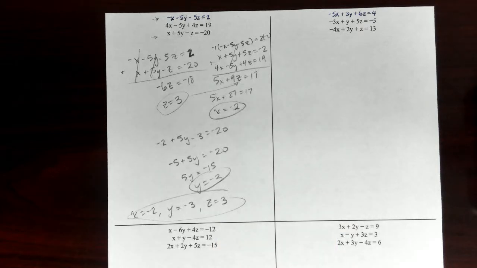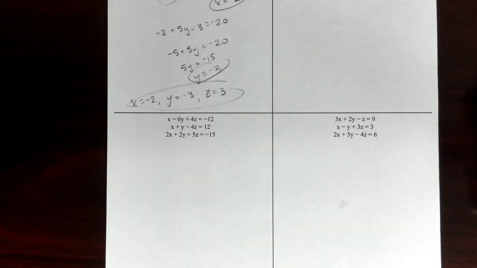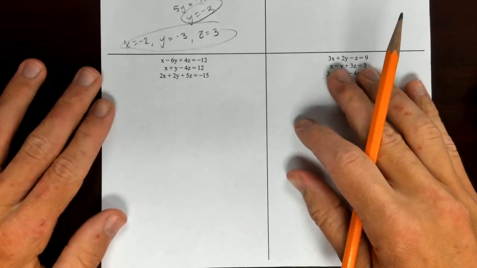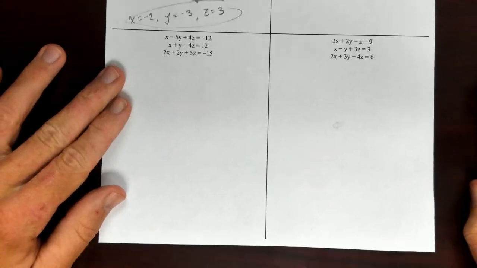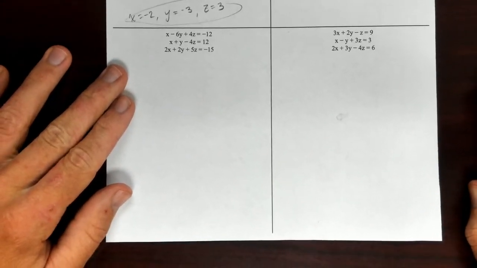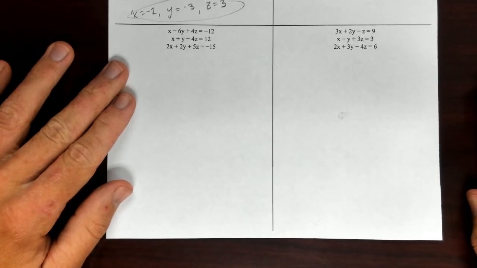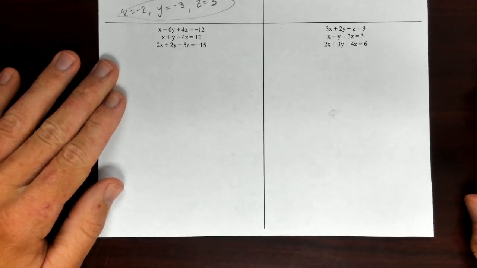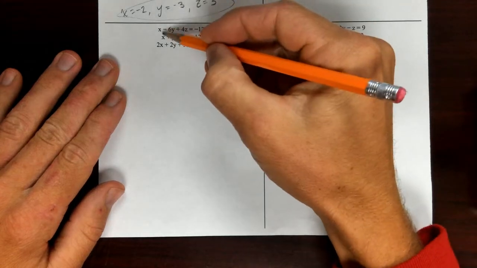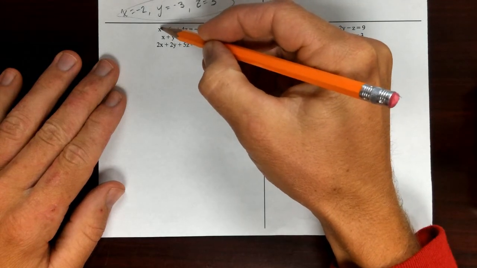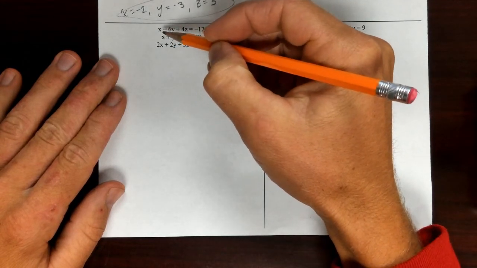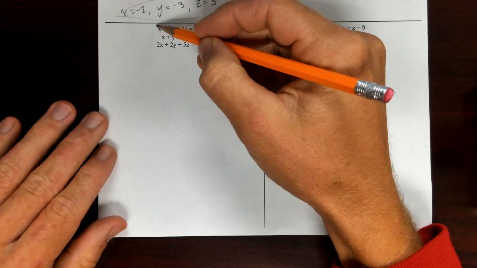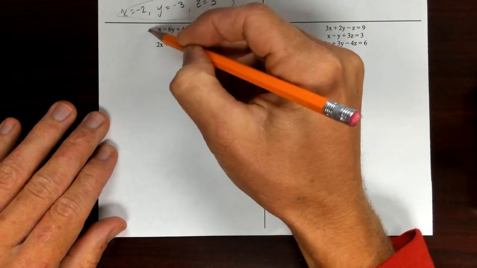Bada bing, bada boom. So we're going to go down to the bottom one on the left. So again, we're trying to eliminate, right? So I'm going to take the easiest one and look to eliminate between two equations. I've got an x in both of these, but the problem is I have both positive. So I'm going to take this number 1 and multiply it by a -1.